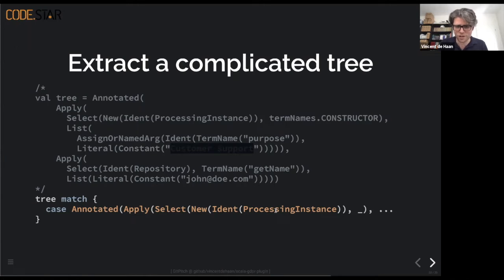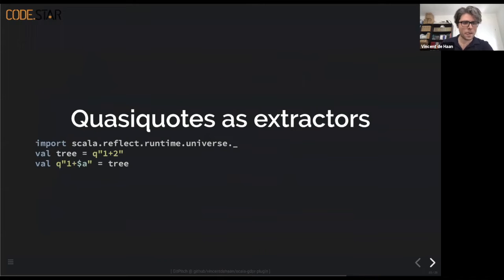So this was not the way to go. And then I found out that there's another much more elegant way to extract these kinds of trees. Because the quasi-quotes that I already showed you can not only create a tree, but they can also be used to extract trees.